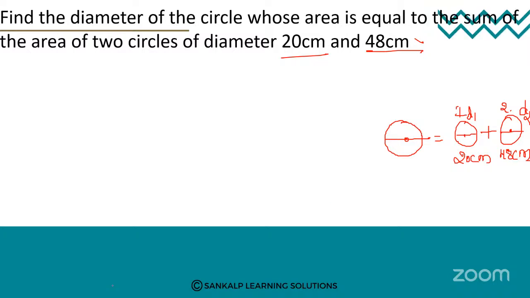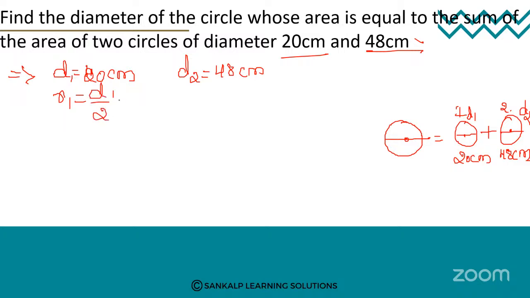Next, write down D1 is equal to 20 centimeter and D2 is equal to 48 centimeter. Now, radius can be calculated by using D divided by 2, that is D1 divided by 2.